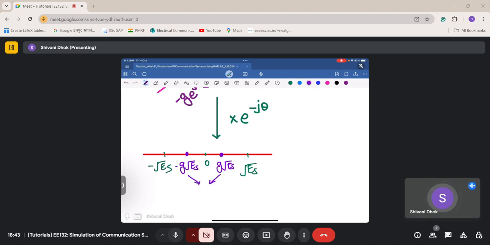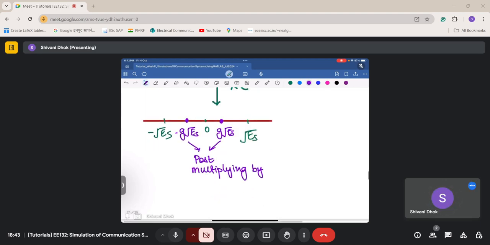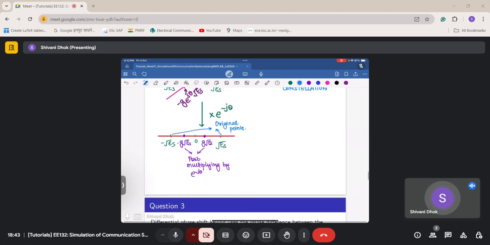So this is post multiplying by e power minus j theta, and these two are your original points. So this is undoing the phase rotation.